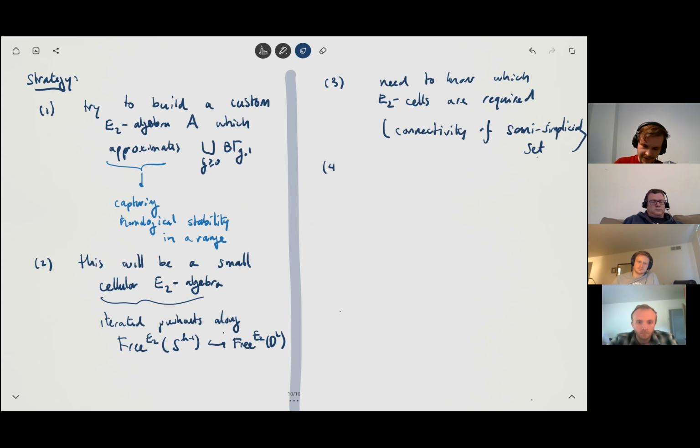And then you need to know how to deduce ordinary or secondary stability.